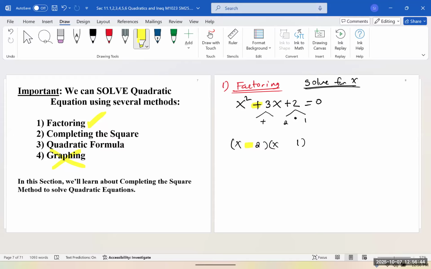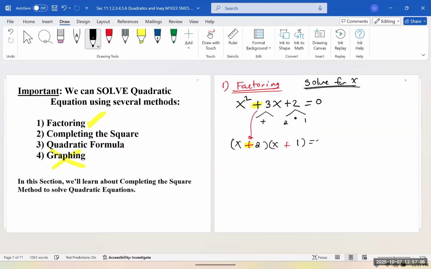Between 2 and 1, 2 is bigger. So 2 has to have the plus sign. Now, if 2 is plus and you want to get 3, are you going to add the 1 or subtract the 1? Add the 1. So these are the two factors you have.